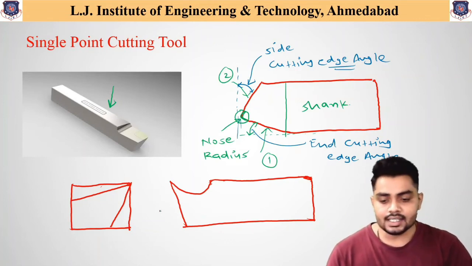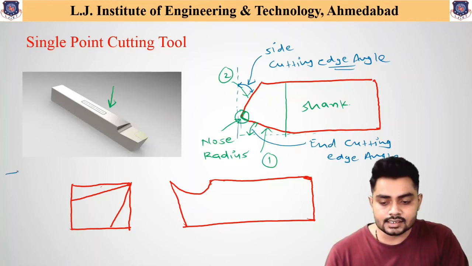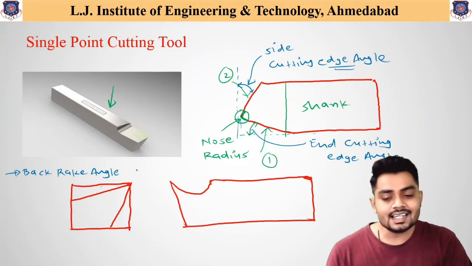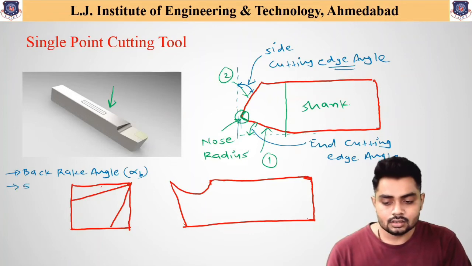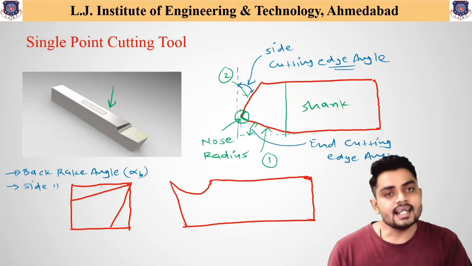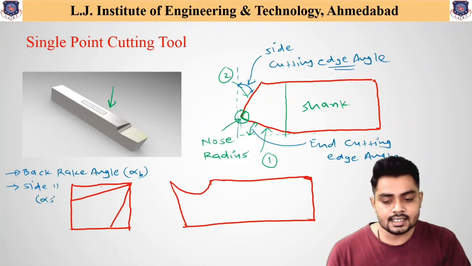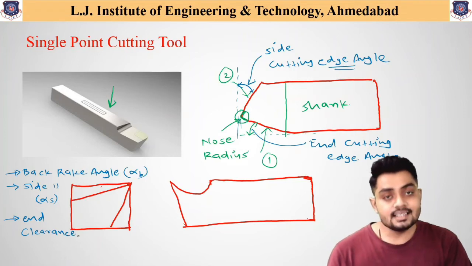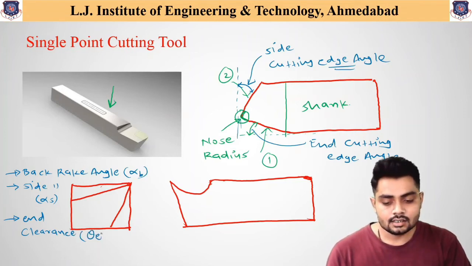Again, if we list the first angle that we have discussed, that is the back rake angle, which is mostly indicated as alpha B. Similarly, the second angle, that is the side rake angle, is indicated as alpha S. The next angle, the end clearance angle, is indicated as theta E.